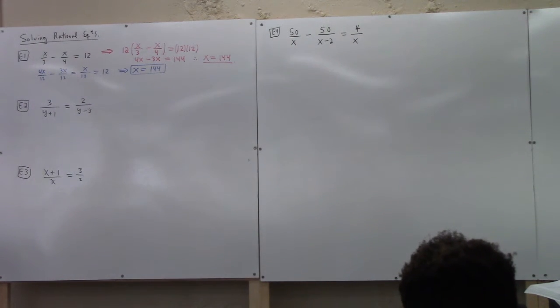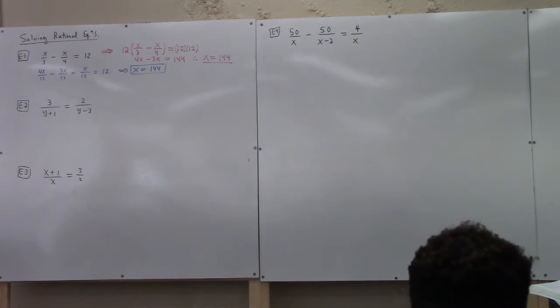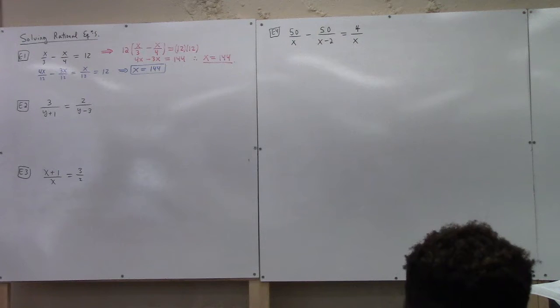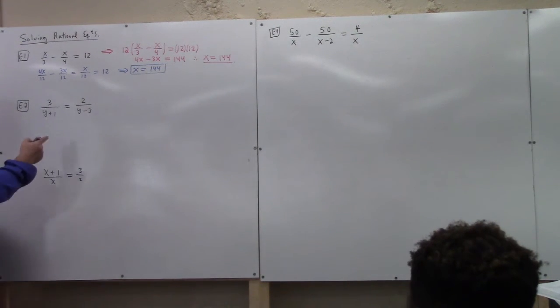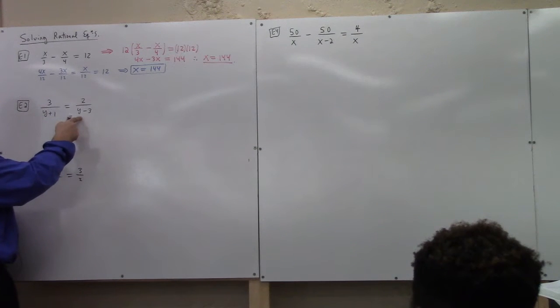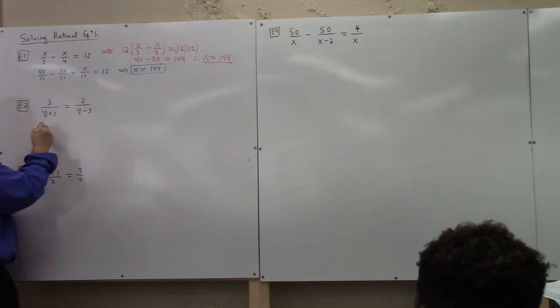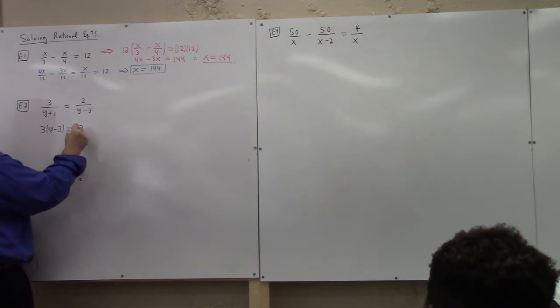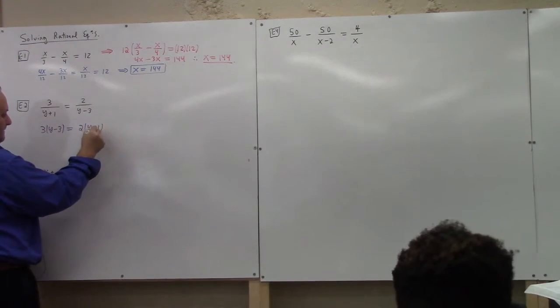What do you guys think? Here's what I would do. I would multiply this equation. I would do what's called cross multiply, right? I would say, okay, well, this is 3 times y minus 3 equals 2 times y plus 1.